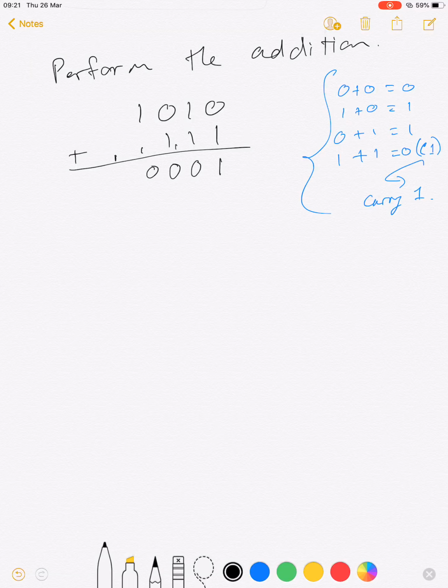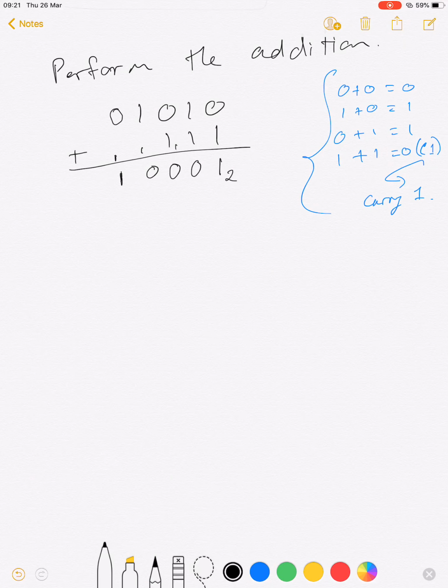And then 1 by itself, or 1 plus 0, just gives us a 1. So what we have now is the number 1 0 0 0 1 base 2 is our final answer.